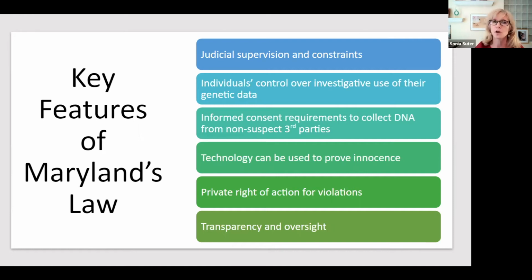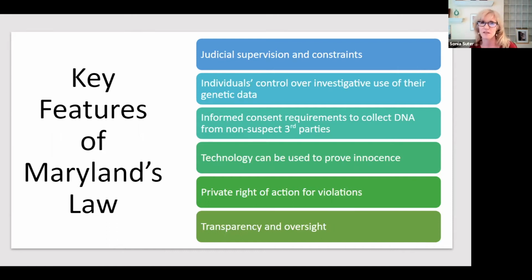Third, Maryland's new law establishes robust procedures for obtaining additional DNA samples from third parties who are not suspects, but might be related to a putative perpetrator and whose DNA might be needed to fill out the genetic family tree. This provision creates a strong presumption in favor of obtaining informed consent and prohibiting covert collection once a third party refuses.